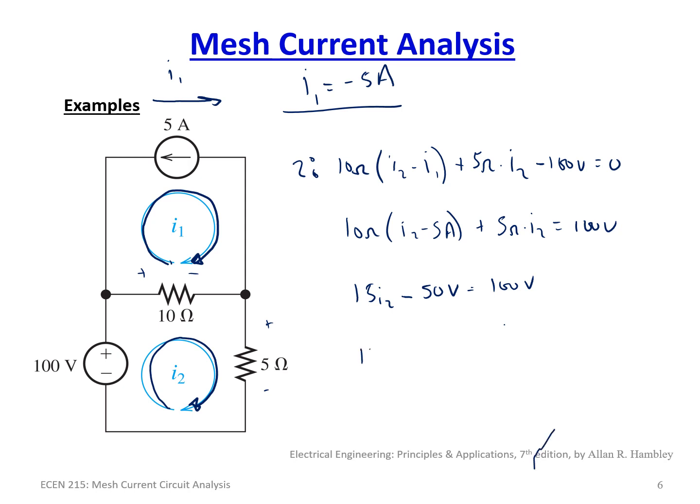So we got 15 ohms times I2 is equal to 150 volts, which then we end up with I2 is 150 volts over 15 ohms, which is equal to 10 amps.